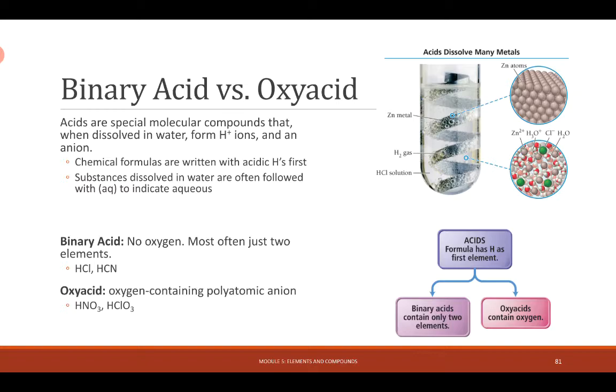Acids are molecular compounds, but they are special in their properties, and therefore they get their own type of nomenclature. When acid compounds are dissolved in aqueous solution, that means when they're dissolved in water, then the H+ ions come off very easily, and then they become very chemically reactive.